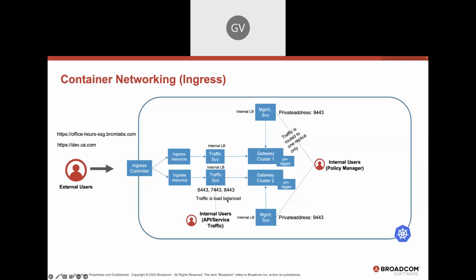For things like policy manager access, though, you don't necessarily want to have policy manager accessible from the outside world. So through this endpoint, we have no policy manager access whatsoever.